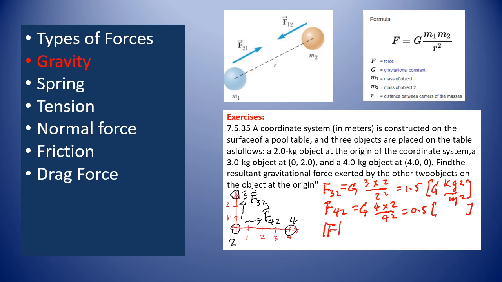For the magnitude of the resultant, I will leave the units alone. It's the square root of 1.5 squared plus 0.5 squared, and you do the math, it ends up with 1.58, with the same units.